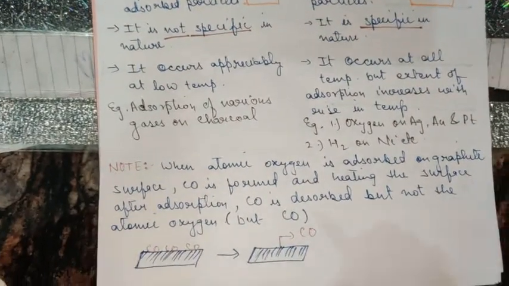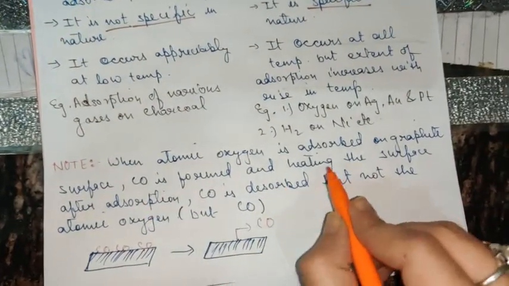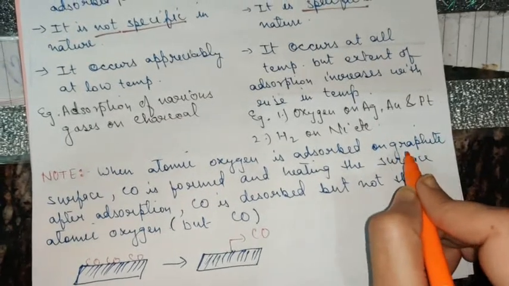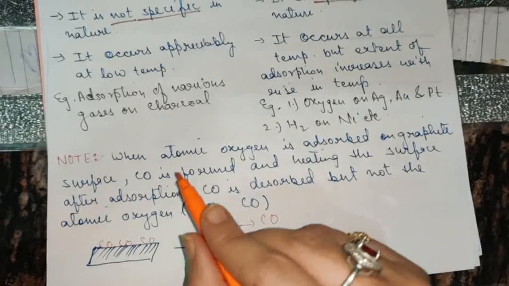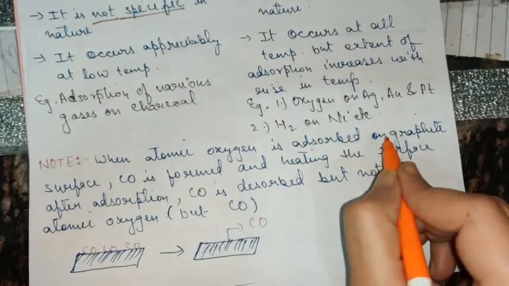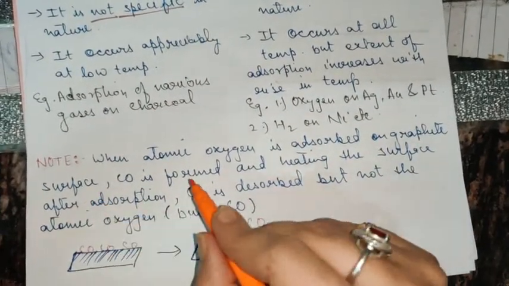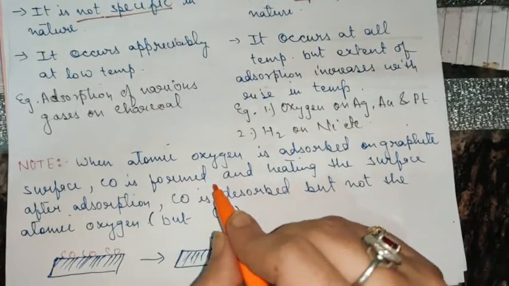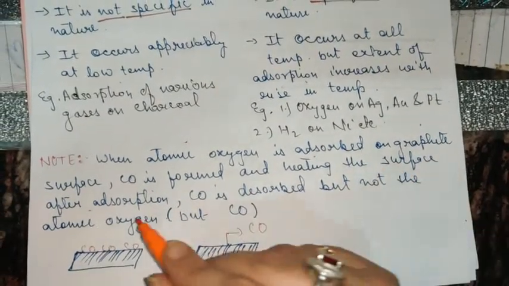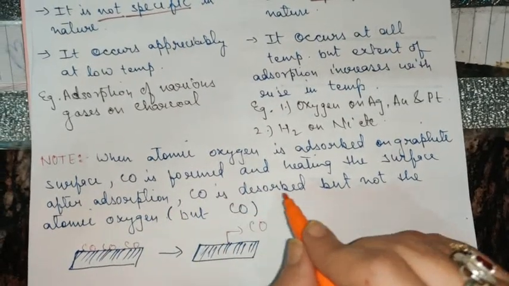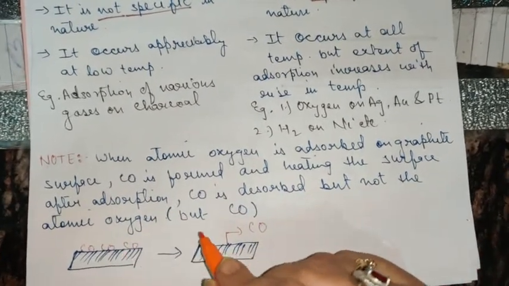Now here is a note, children. When atomic oxygen is adsorbed on graphite, this is again an example of chemisorption. When atomic oxygen is adsorbed on graphite surface, CO is formed, carbon monoxide is formed, and on heating the surface after adsorption, CO is desorbed but not atomic oxygen.